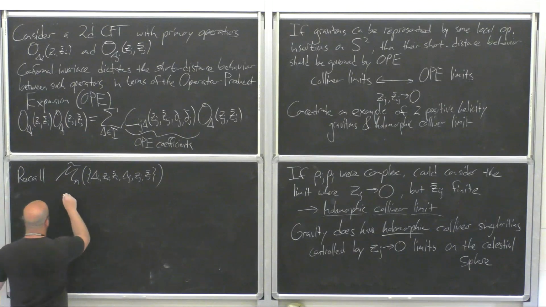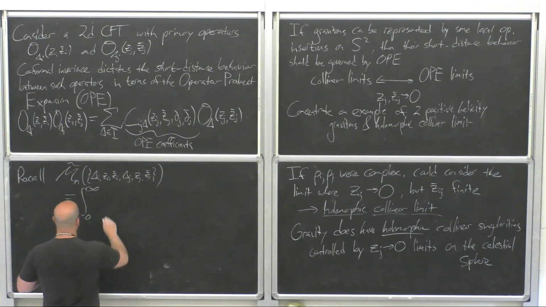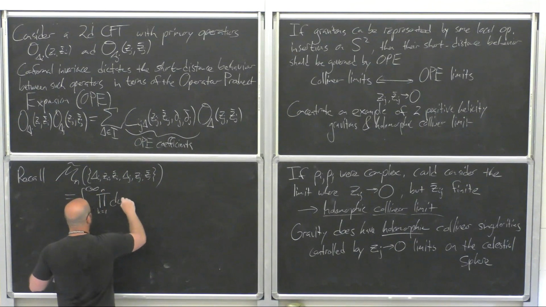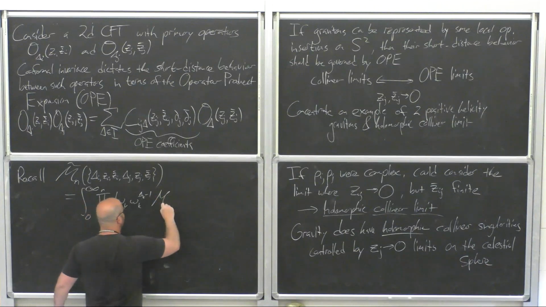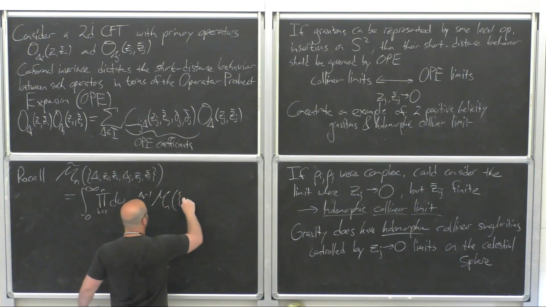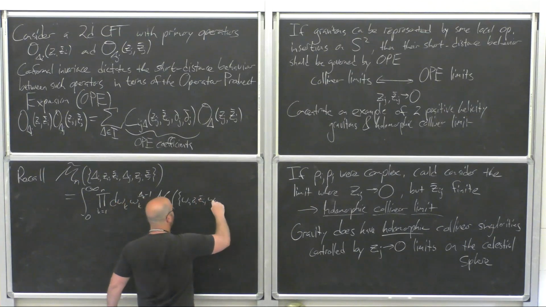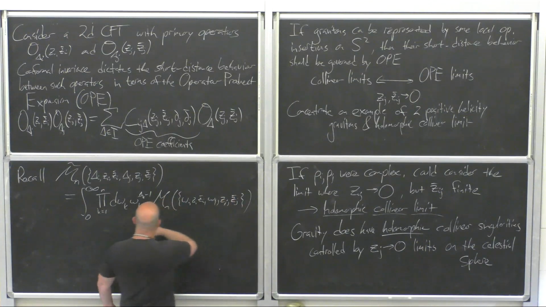And this is given by, remember, a bunch of Mellin integrals, k equals 1 to n, d omega k, delta k minus 1 times the momentum space amplitude. Right, so there's n particles in the game here. I'm assuming they're all massless.